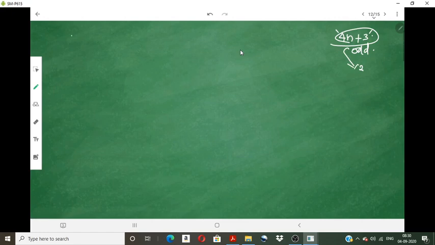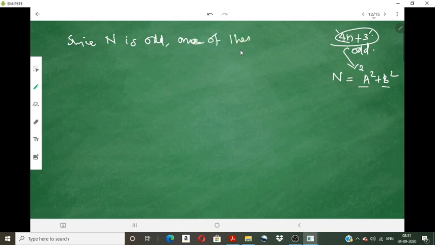Since n is odd and n equals a square plus b square, one of these squares must be odd, say a square.